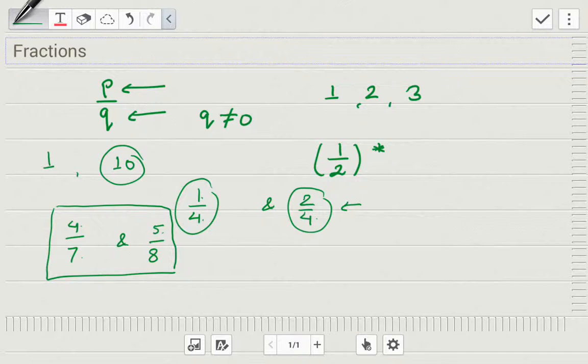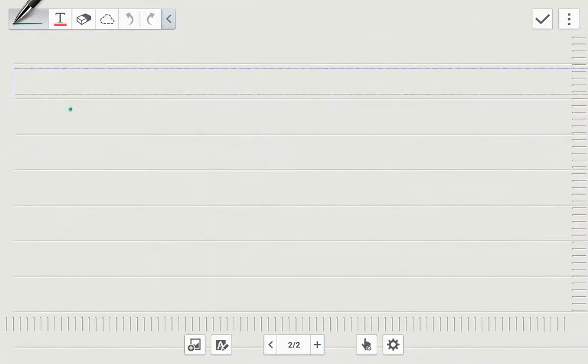So let's do this. How do you compare 4 by 7 and 5 by 8? The trick lies in this. You have to convert these fractions such that either the top ones or the bottom ones have the same value.